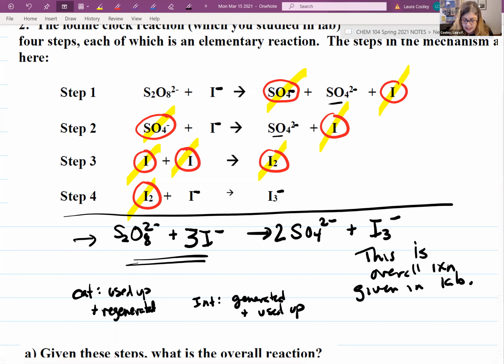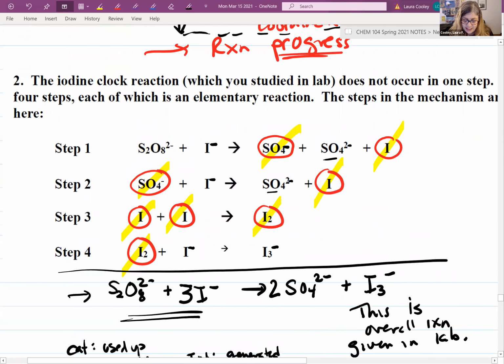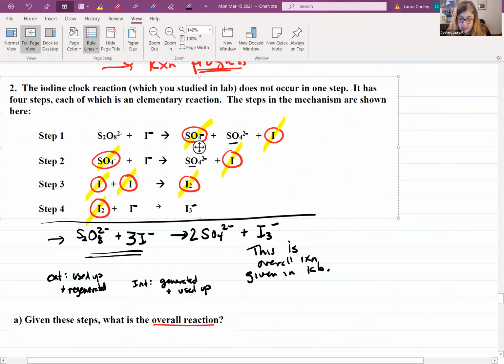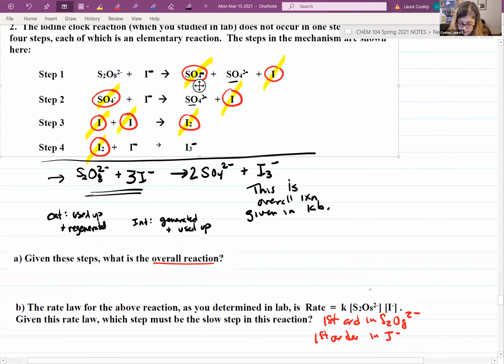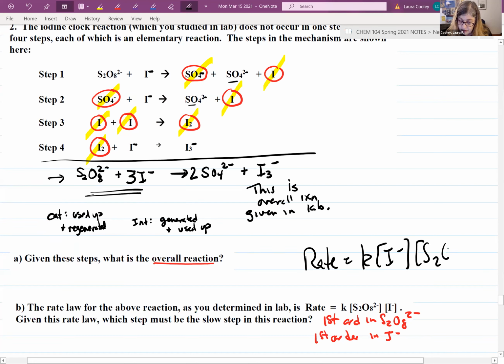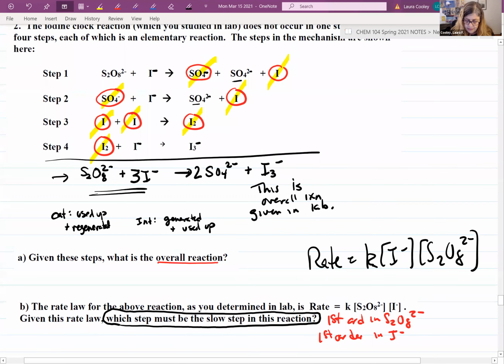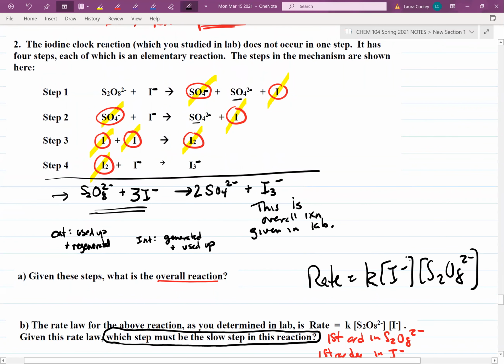Okay, we know that the rate law is k times iodide times persulfate, right? The rate law is given right here. Okay, so given that this is the rate law, which step must be the slow step in this reaction? Step 1. Step 1, because look, here are the two reactants that you have here.